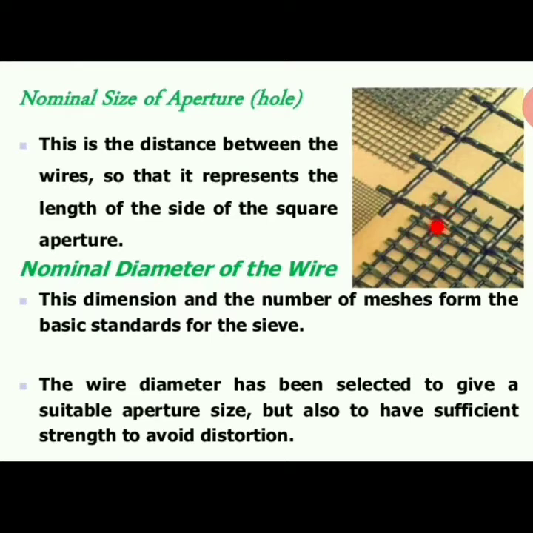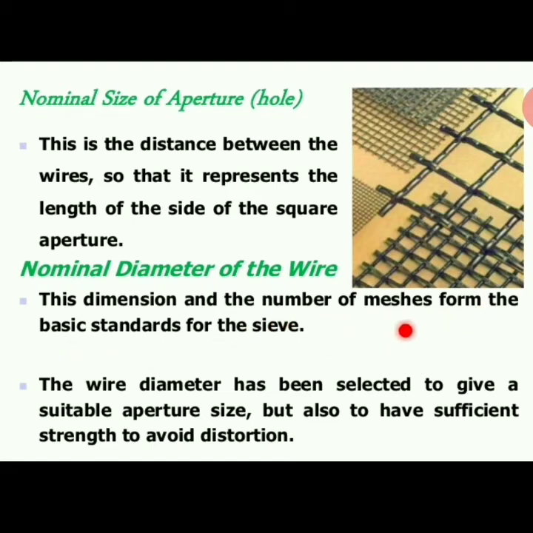Then next is the nominal diameter of wire. Wire mesh sieves are made from wire having a specified diameter in order to give a suitable aperture size and sufficient strength to avoid distortion of the sieve. This diameter and the number of meshes form the basic standards for the sieve.